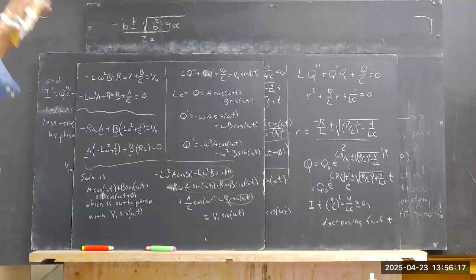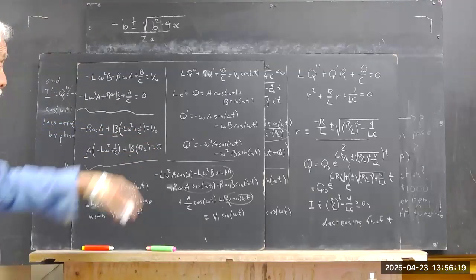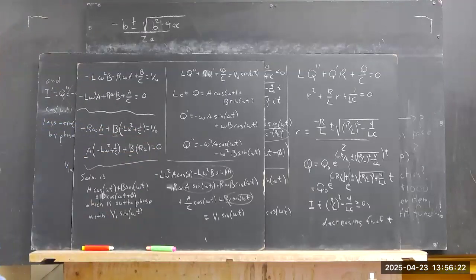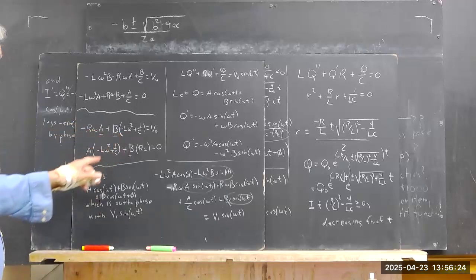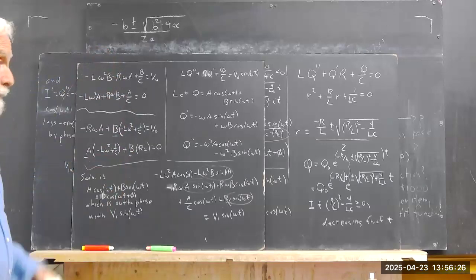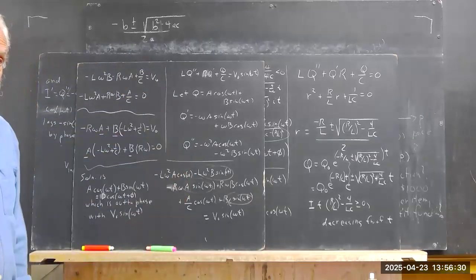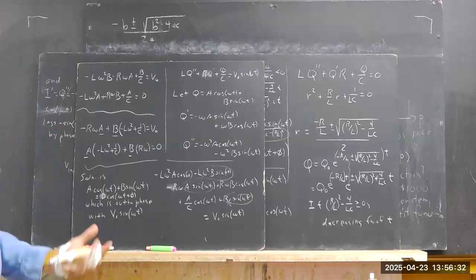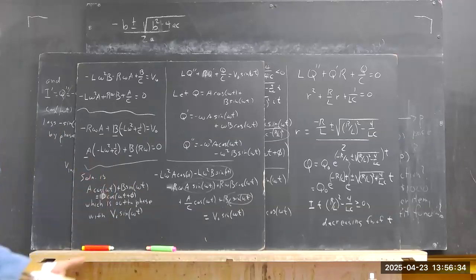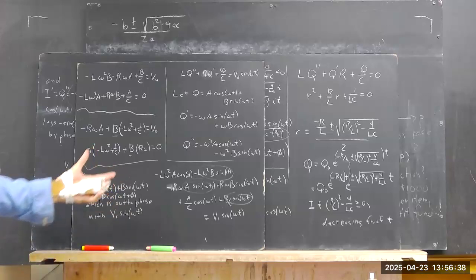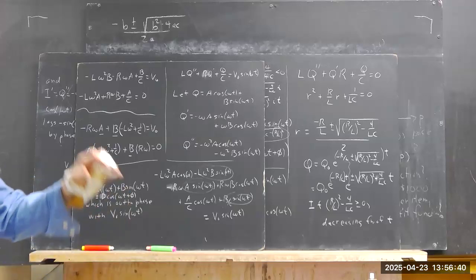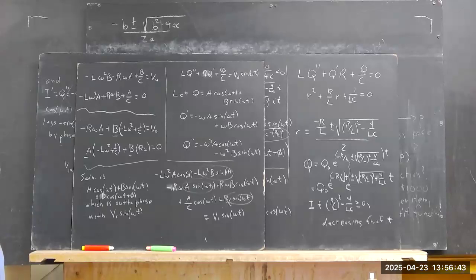Just another comment. This could be written as a matrix equation. Here are your coefficients in a matrix times the A B column vector equals the V naught, zero column vector. Invert that matrix, and inverting a 2 by 2 matrix is really easy. And you quickly get your solution without having to do quite as much work.